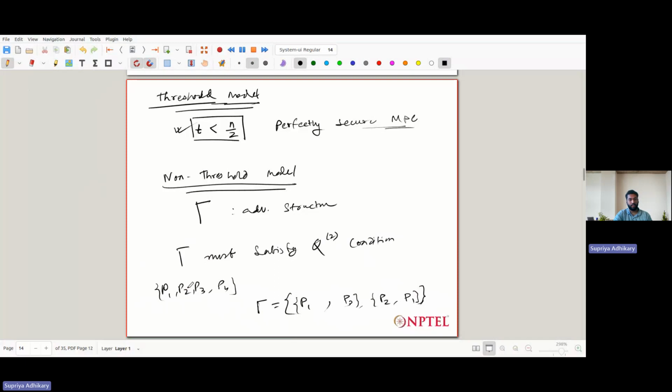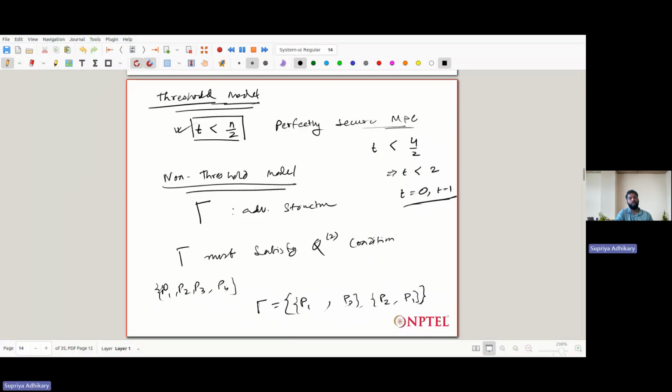But similarly, if we consider the threshold model, the T must be less than n by 2. That means that T must be less than 2. So there are 2 possible answers for T. T can be either 0 or T can be 1.